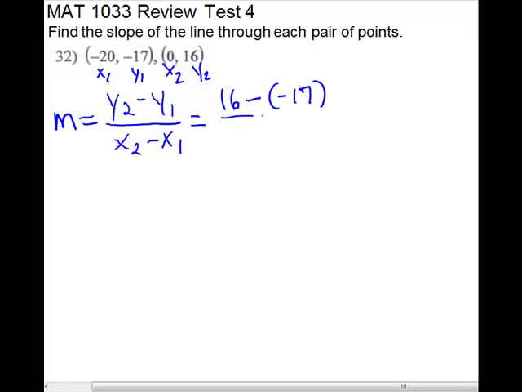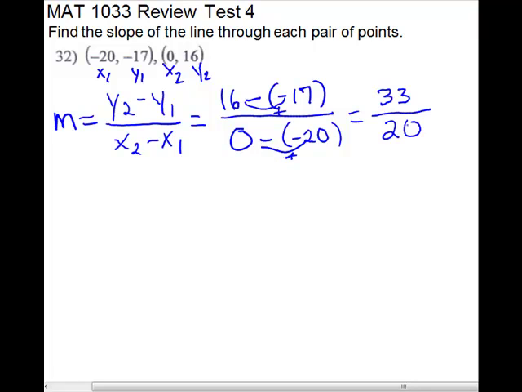Use parentheses. x2, 0 minus a negative 20. Now we'll clean up. Minus a negative here makes plus, which gives us 33. And this makes plus, which gives us 20. This is not going to reduce, so just leave it as a fraction.